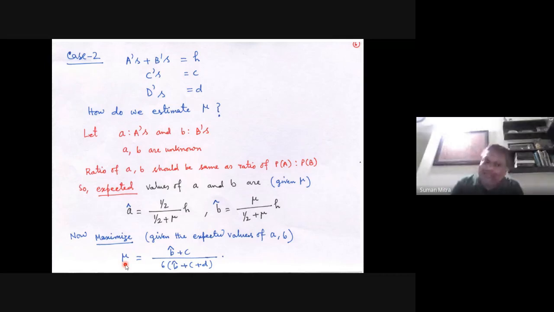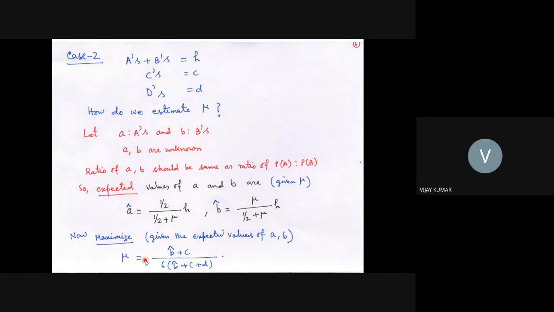Otherwise, you take that mu and plug it in over here to get another b hat. You take that b hat again to estimate mu, and you see what the value of the new mu is compared to the previous mu. And you go on iteratively doing this expectation maximization until mu converges. Got it? Got it, sir. Thank you, sir.